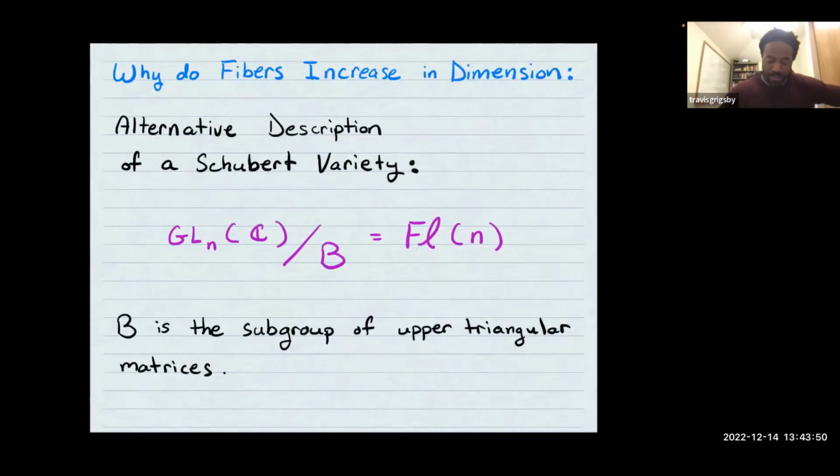But there's an alternate description of all of this. This is slightly theoretical, so I'm going to race through because the interesting stuff is later. You can think of the flag variety as the matrix group GL_n mod the Borel subgroup, where the Borel subgroup that I'm looking at is the upper triangular matrices.